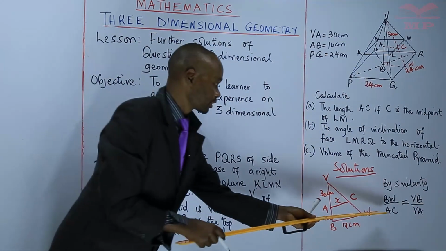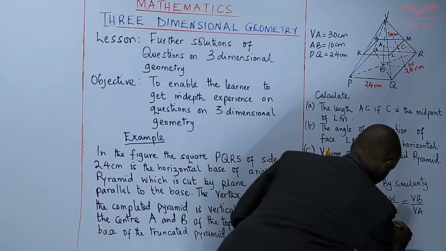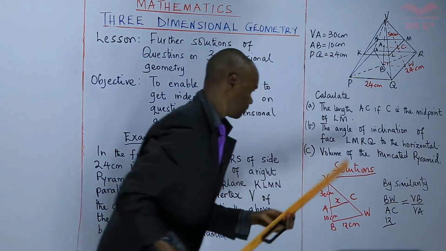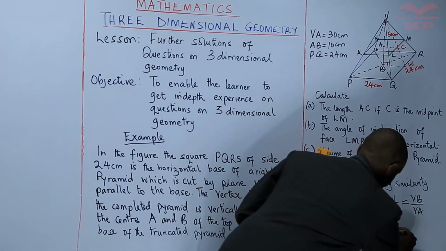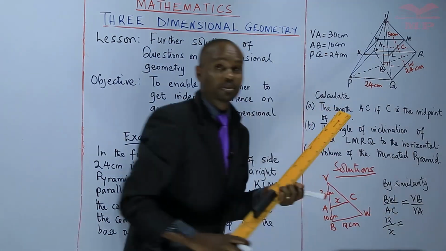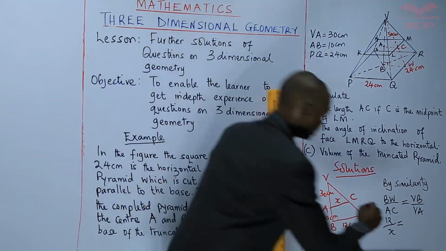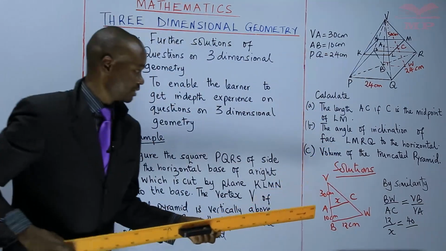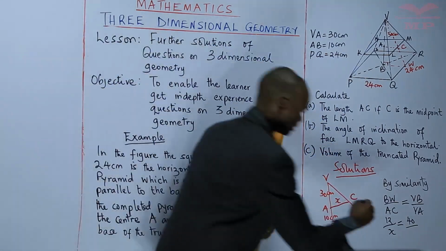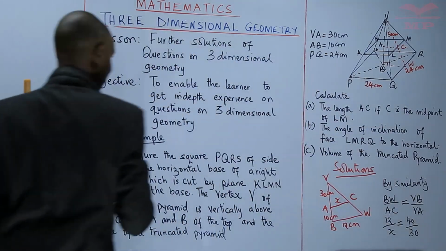But the one I'm looking for is this one. BW is 12. So it's 12 over AC, which is X. This should give me VB. Do I know VB? VB, that is 40. Divided by VA. VA is 30.